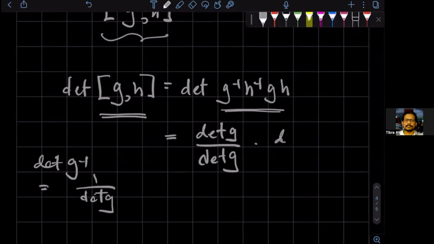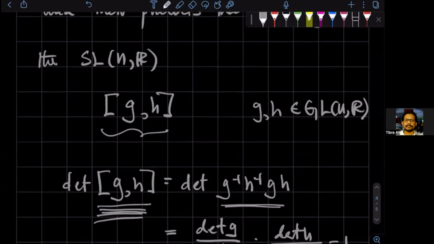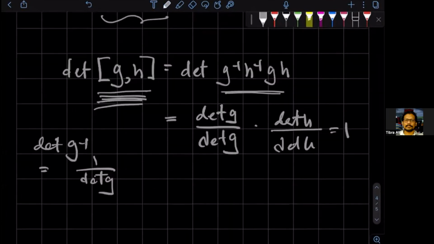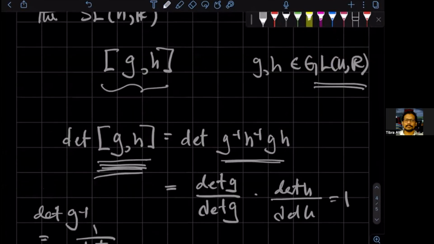And then determinant of H divided by the determinant of H, therefore it's 1. So we see that the commutators of all the elements of GLNR have determinant 1. And therefore, all the elements of GLNR which are of this form are part of SLNR, right?